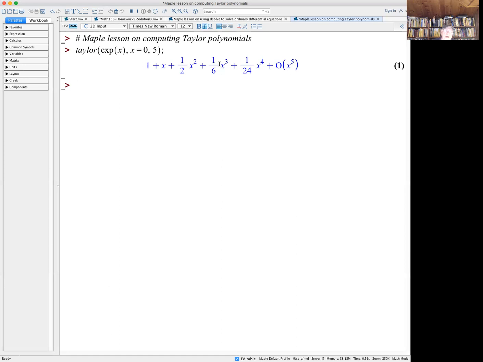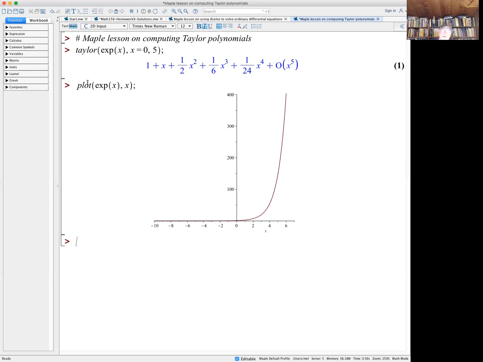Now, if you want to see how nicely this approximates e to the x, let's say we plot exp of x. That's the exponential function. Maybe because it goes up so fast, x going from 0 to 100.